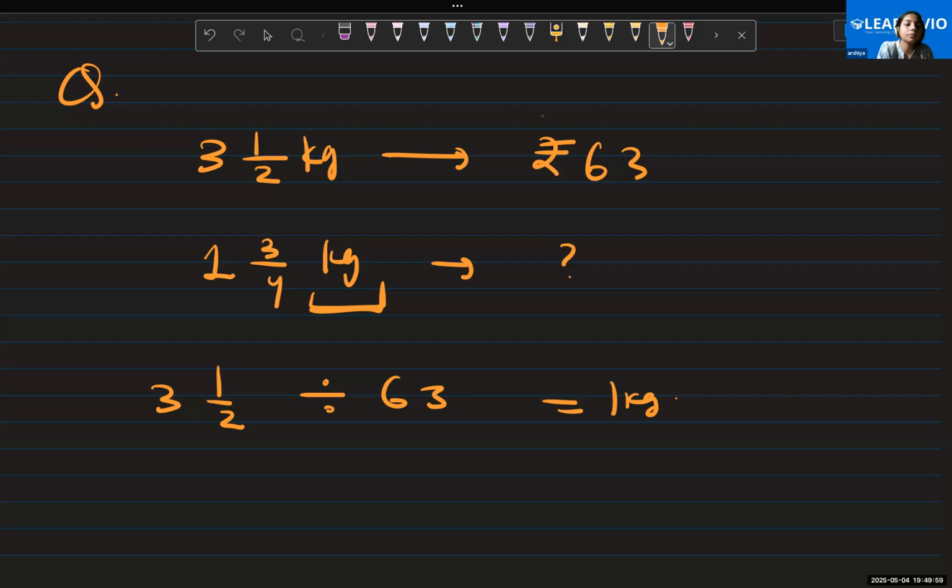Yes. 7 by 126 is the cost of 1 kg. After that, we will multiply it with... Wait, what is the cost of 1 kg? 7 by 126.